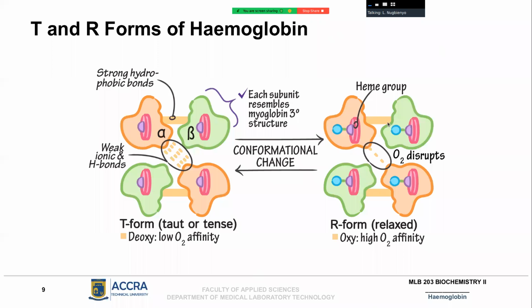It is the weak ionic and hydrogen bonds between the dimers, specifically between the alpha globins, that are disrupted. Is that clear? Yes, sir. Thank you. All right. Any other questions?